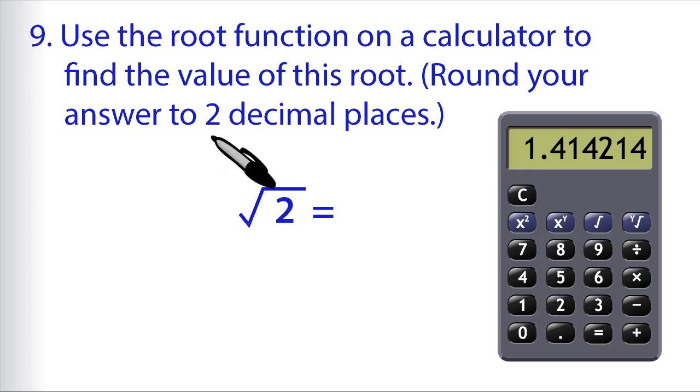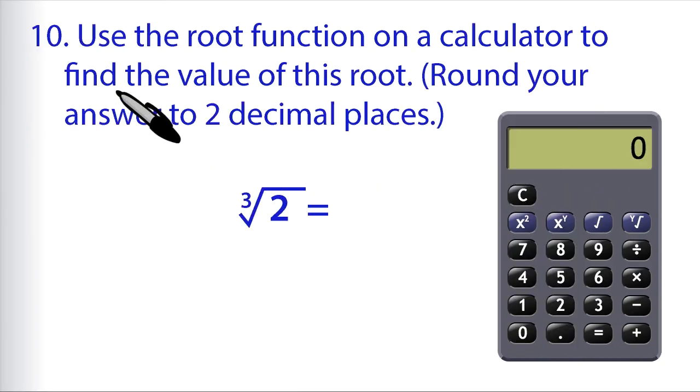But we only need to show 2 decimal places. That means after the decimal point here, we just show 2 digits. Right? So we put 1.41. So the square root of 2 equals 1.41.